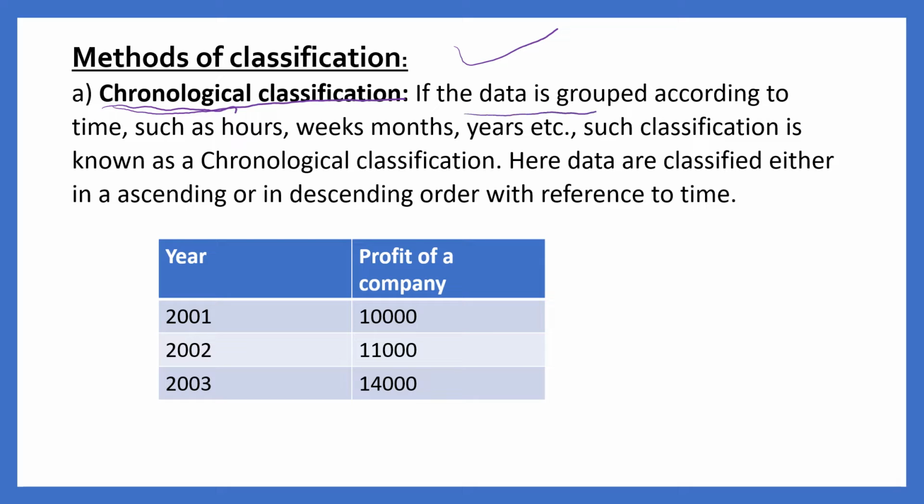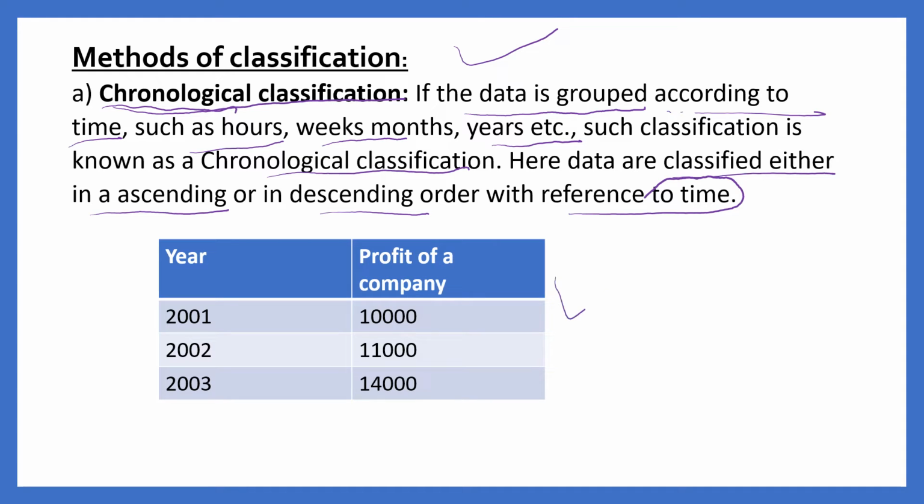If data is grouped according to time, such as hours, weeks, months, years, etc., that classification is known as chronological classification. Here data are classified either in ascending or descending order with reference to time.